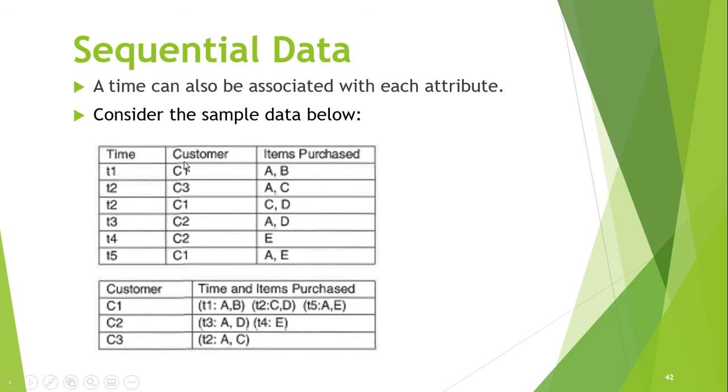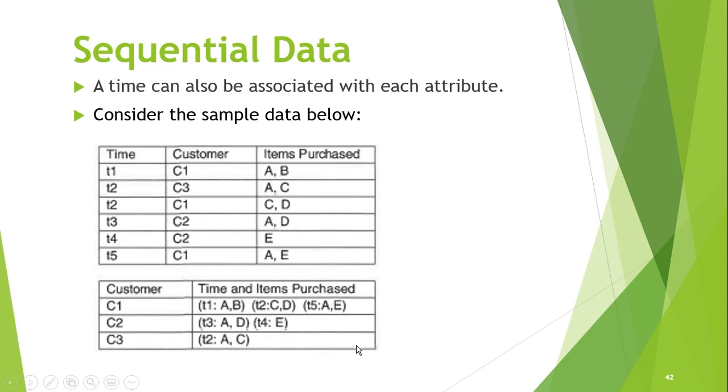Specific time, yung kung sinong customer at anong mga items na pinurchase niya. Ito sa table 1, ganon. Anong time, sunod-sunod ng time or chronological in order. Tapos yung customer, kung sinong customer, we have here customers 1, 2, 3. At yung items purchased nila, yung mga products na A, B, C, D, and E. Makikita nyo kung ano mga binili nila.